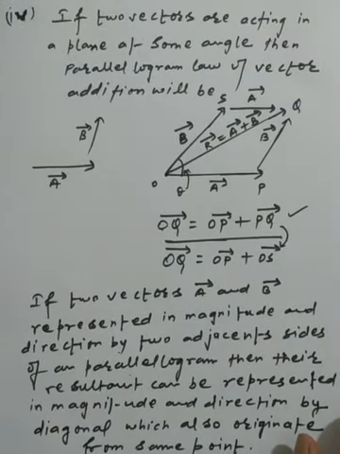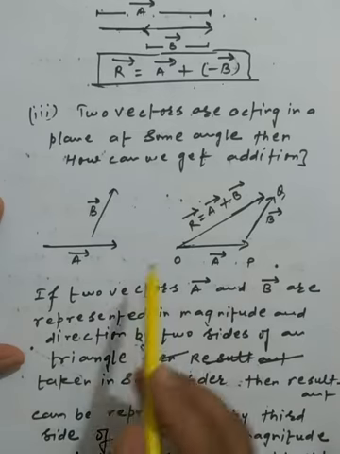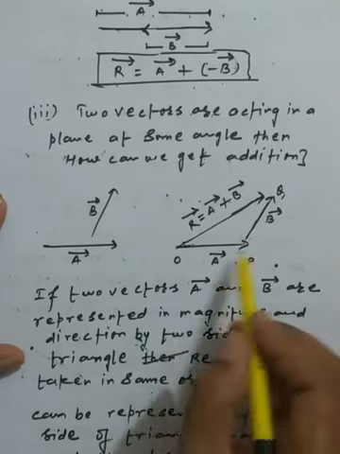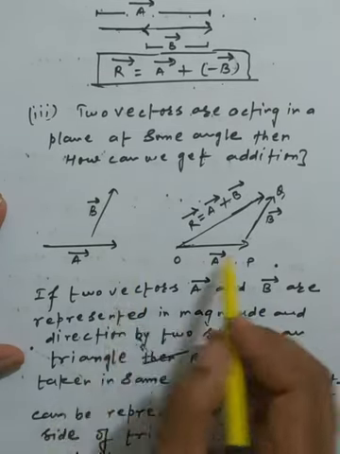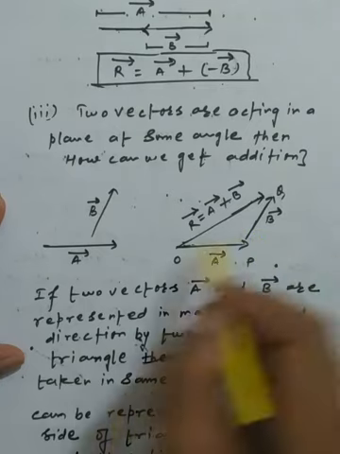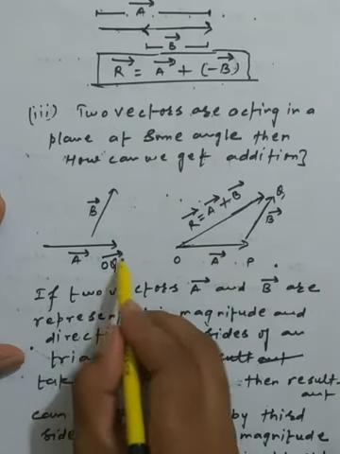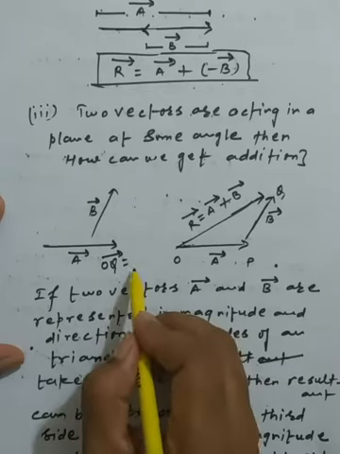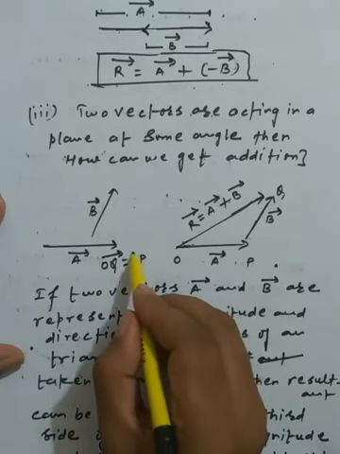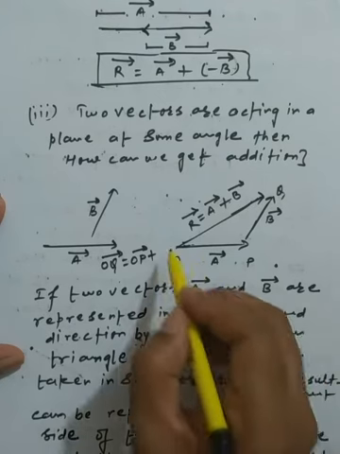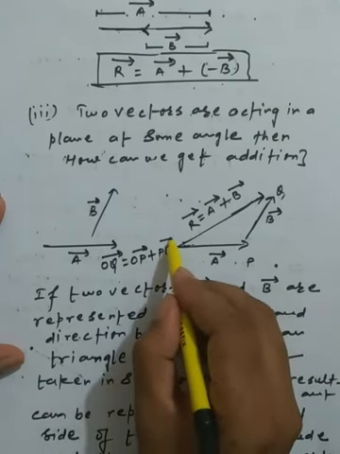Now in the triangle we can also get the resultant by the rule of the vector. So easily I can get the resultant, that is, the OQ vector is the resultant we have, so I am putting it separately. Now we have the O to P vector, and the same, the P to Q vector.